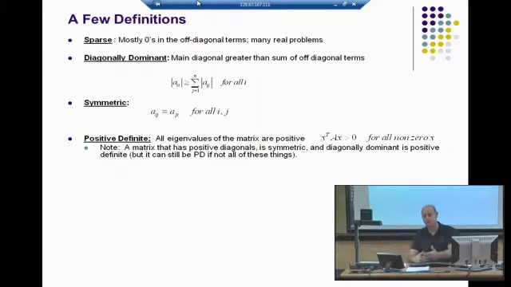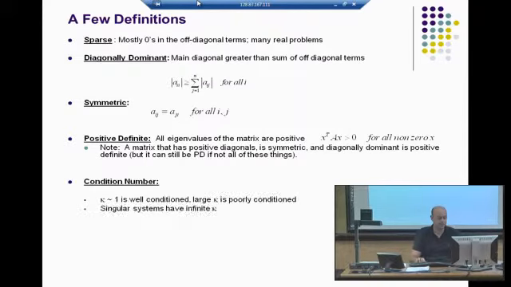There are some methods for solving systems of equations that require the matrix to be positive definite. A matrix that has all positive diagonals, is symmetric and diagonally dominant, is positive definite, although it's possible it can be positive definite and not be all those things. But for our purposes, we'll just say that. If it's got positive diagonals, it's symmetric, and it's diagonally dominant, then it's a positive definite matrix. For our purposes, that's good enough.